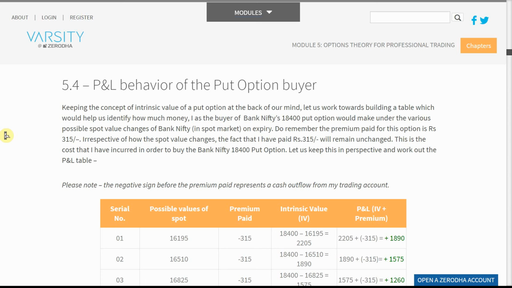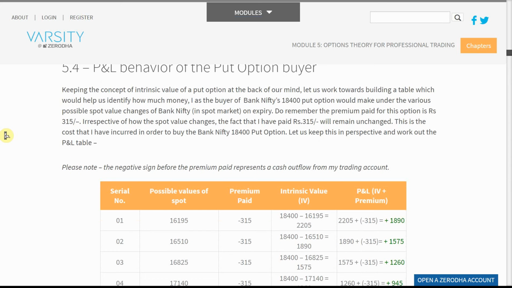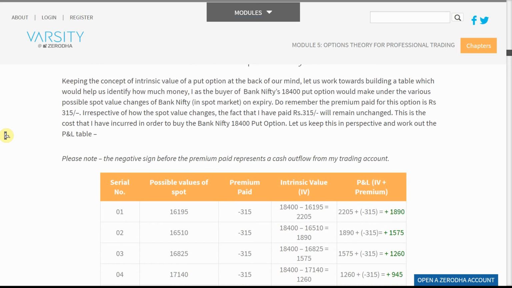Row 3: spot 16825, IV 1575, minus 315 equals plus 1260. Row 4: spot 17140, IV 1260, minus 315 equals plus 945.